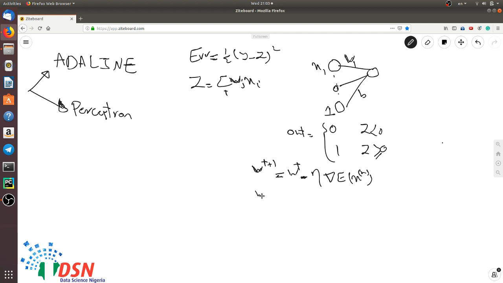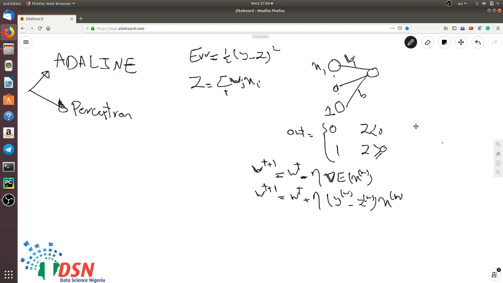So if we calculate the gradient, it is plus eta times (y_n minus z_n) times x_n. Because the gradient of error, if we replace the error with 1 over 2 times (y minus z) squared, we could easily derive this. Okay, so this is the learning algorithm in Adaline.